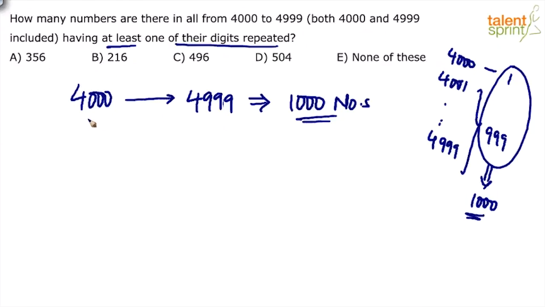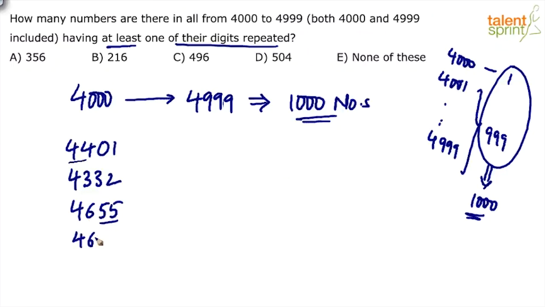You have to consider numbers like 4401 or 4332. At least one of the digits is repeated. Here 4 is repeated, here 3 is repeated, or maybe we have 4655, 5 is repeated, or 4646. This is a number where 4 is repeated and 6 is repeated, right? 2 also can get repeated.